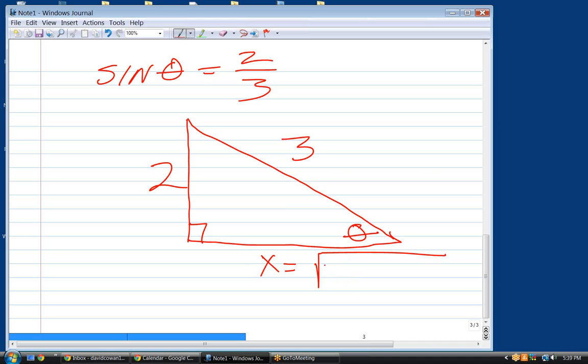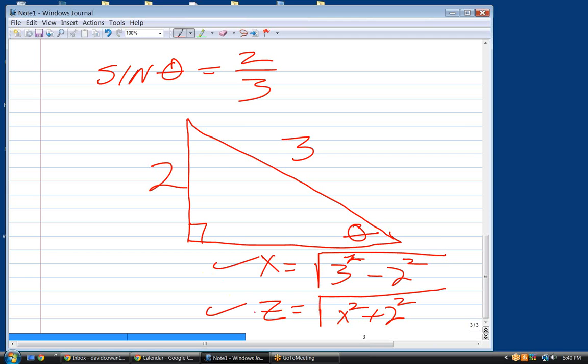If it's one of the legs, then it's the hypotenuse squared minus the other side squared. If it's the hypotenuse that you're solving for, it still starts out square root of, but now it's the other two sides squared and added together. So that's the only difference, and those are the only 2 scenarios. So it's worth memorizing them directly.